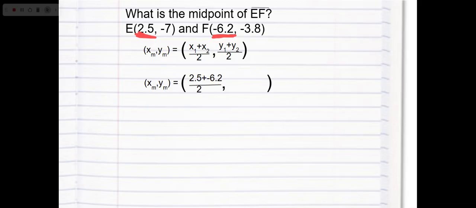And then the y values, -7 plus -3.8 over 2. Okay, just type it in the calculator and you should get -1.85 and -5.4. Pause the video, make sure you're taking these notes, but also make sure you're practicing typing in the calculator and getting the right answer.